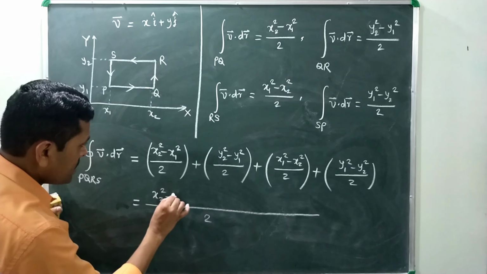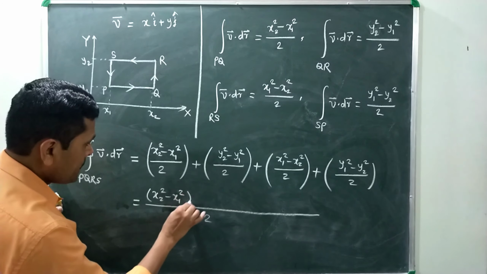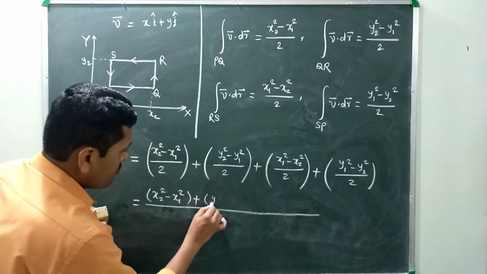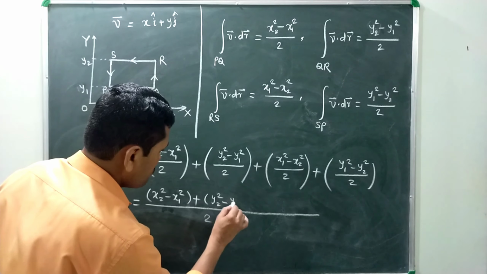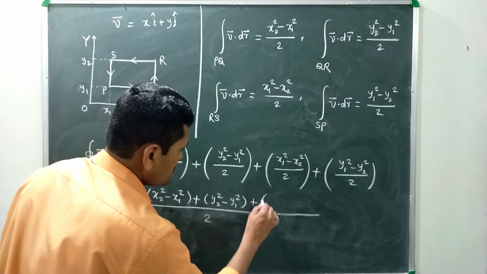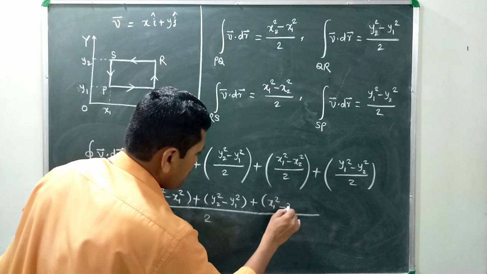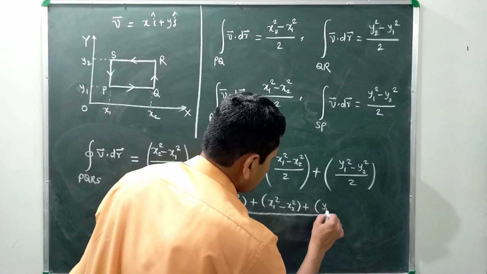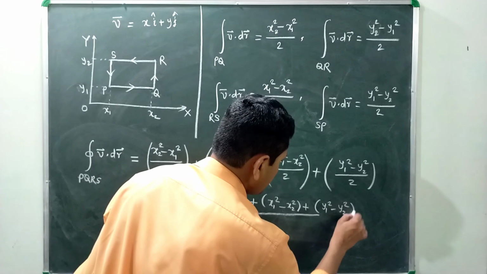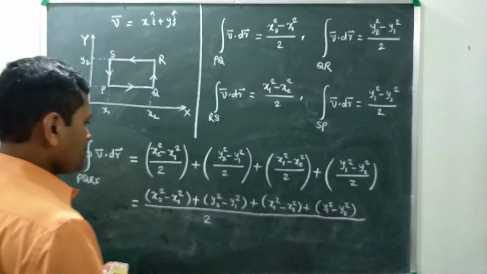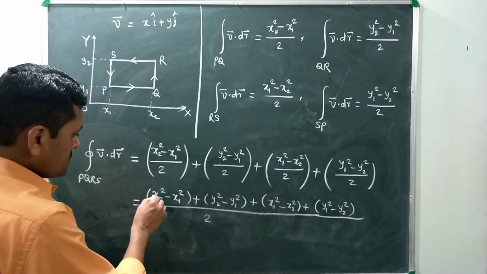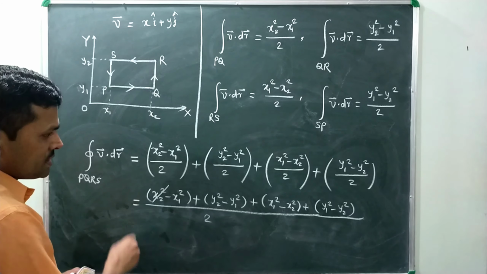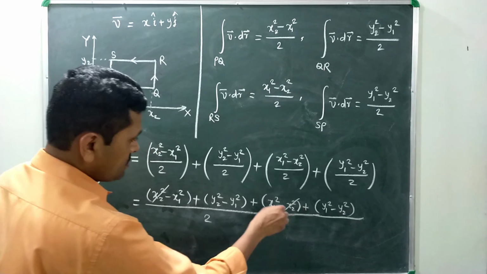x2 square minus x1 square plus y2 square minus y1 square plus x1 square minus x2 square plus y1 square minus y2 square. Now here this is x2 square with positive sign, here with negative sign.